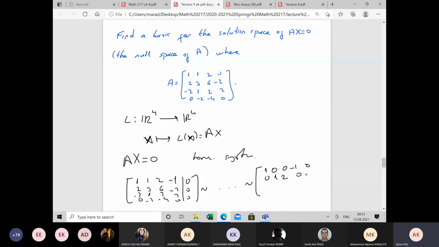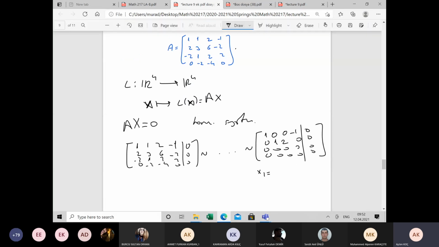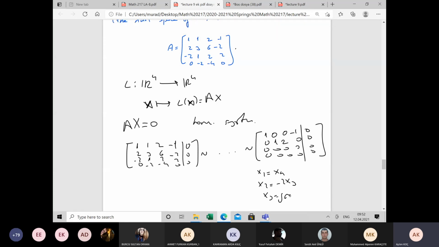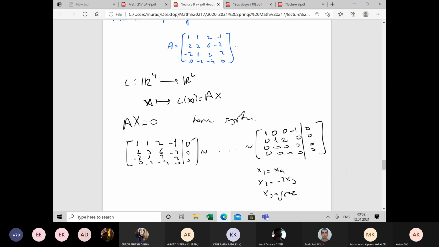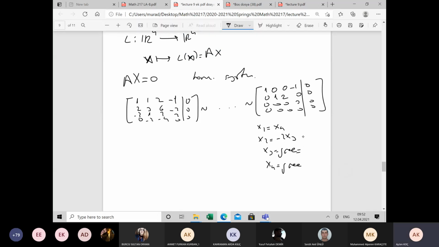It's okay, this one. So we obtain the solution: x1 is equal to x4, x2 is minus 2 x3, x3 is free, and x4 is a free variable. Let x3 be a real number r and x4 another real number s.